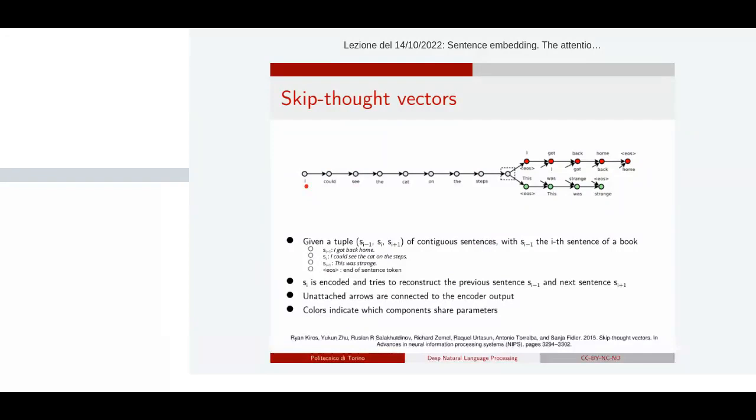Of course the tokenization is needed, because otherwise the network is not capable of understanding how to build your context. So you do need this separator, you do need the tokenization in order to address this problem. Okay, so as you can see here, you have a sequence. This is encoded, and you have to decode both. This is the end of sentence token, and it separates the current sentence for the preceding and the current sentence for the subsequent.